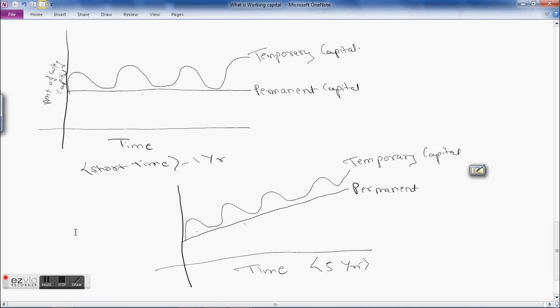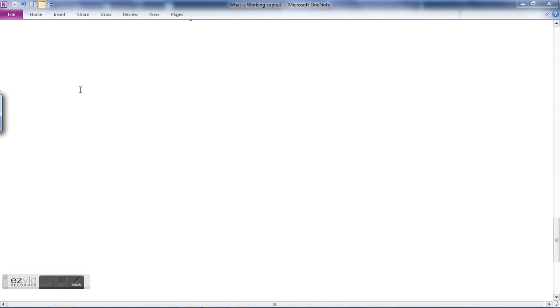Now let's see what are the effects of overcapitalization or inadequate working capital. There is a concept known as optimum working capital. Now how to derive this optimum working capital? This depends on the industry.